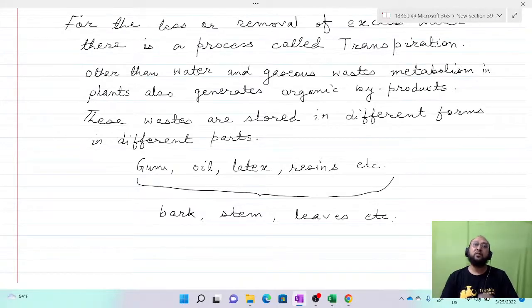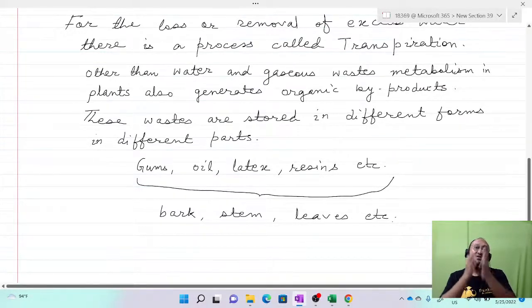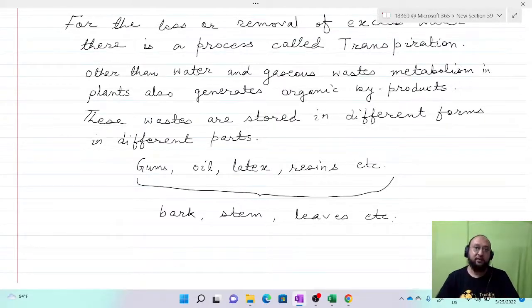Now we do not find this kind of system in the animal body. Animals have specialized organs which are responsible for the removal of metabolic waste.